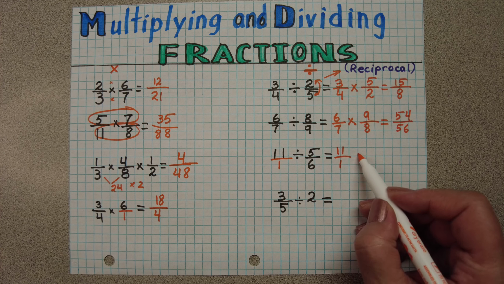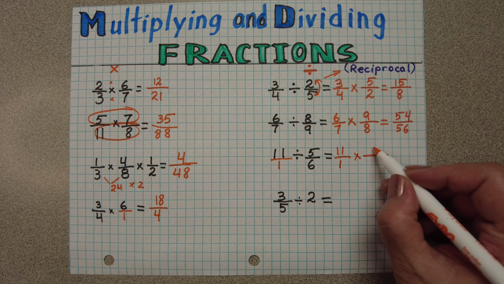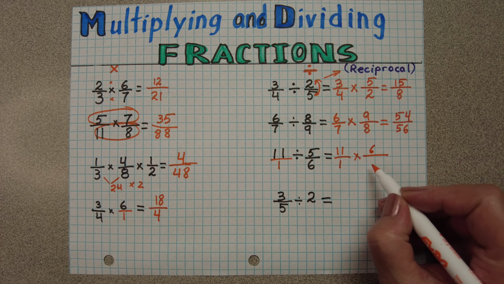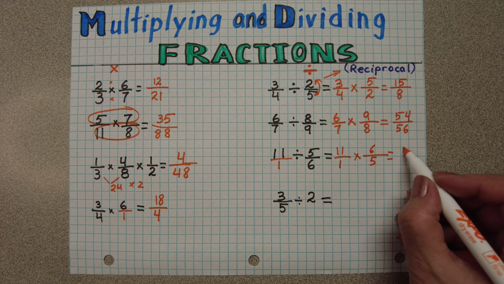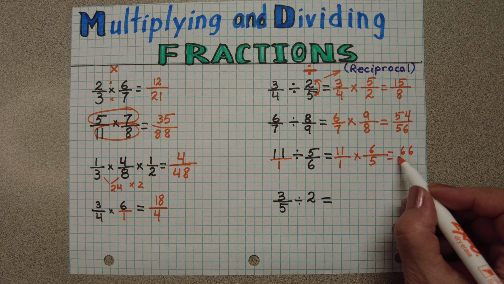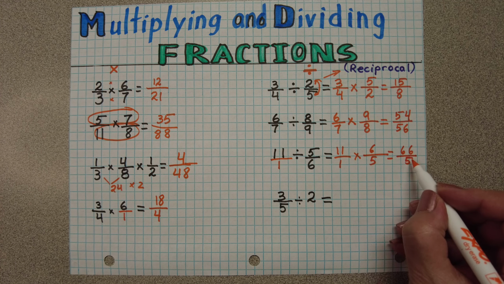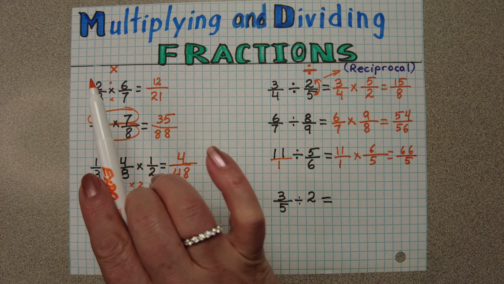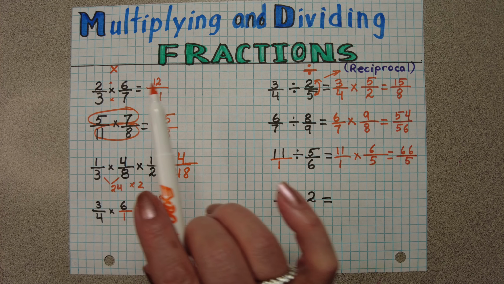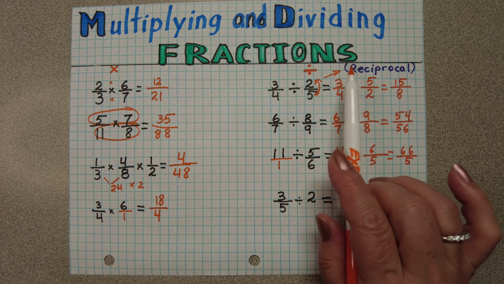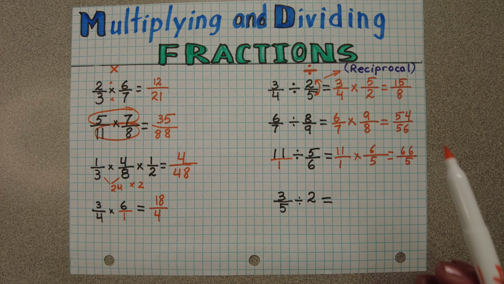Instead of dividing, we're gonna do multiplication, and we will turn this second fraction into its reciprocal. 6 over 5 equals 11 times 6 is 66 divided by 1 times 5 is 5. See how easy it is. For multiplication, you multiply numerator with numerator, denominator with denominator. For division, keep the first one the same, turn the second fraction opposite, and multiply again.